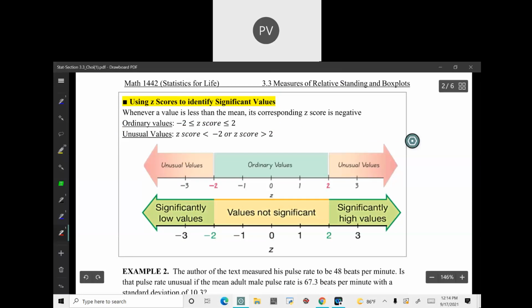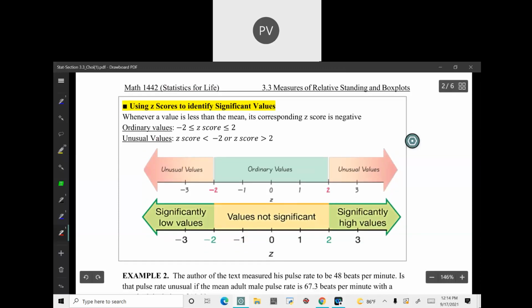Now, usual and unusual values, we had studied this in the range rule of thumb, right? So it is just repeating. Now, as I said, this -2 and +2 is called as z-score. And anything between that range is called as usual values, or also called as ordinary values, right? Anything below that and above that range is called as unusual values.